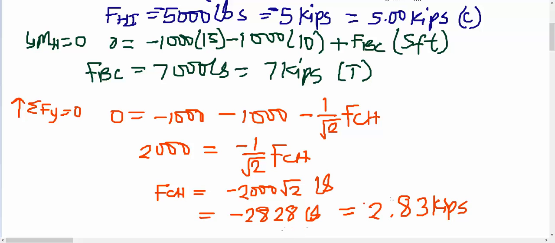If we divide by 1,000, 1 kilo is 1,000. And then the negative just means this is also going to be in compression.